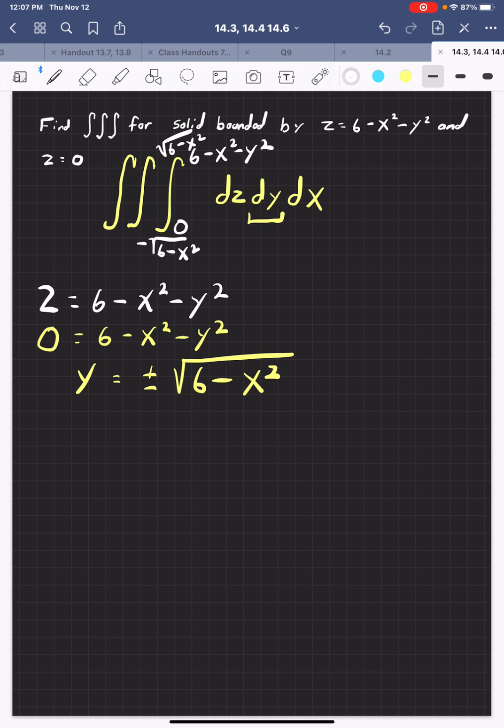Okay, and then just as in the previous video, let's use this equation of y to determine the constant bounds of x. And so the idea is let's just look at the square root of 6 minus x squared.